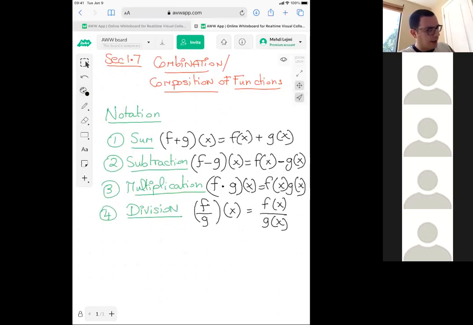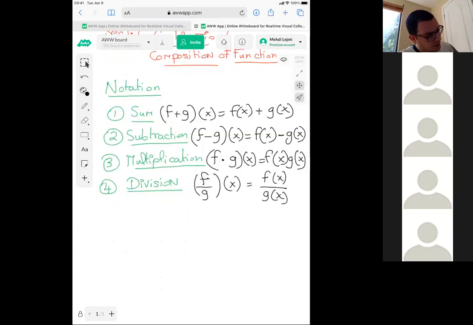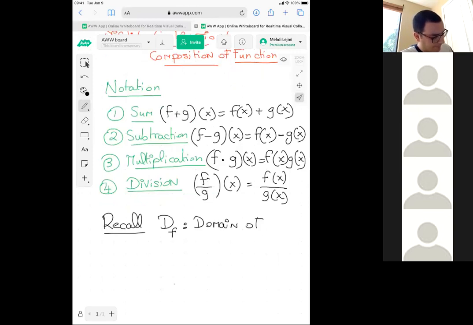Now, I think we did a couple of examples yesterday on how to do these operations on functions, and then I introduced the notion of common domain or intersection domain. So let me just remind you the notation for the intersection domain. Let's say D subscript f is the domain of f of x, right?